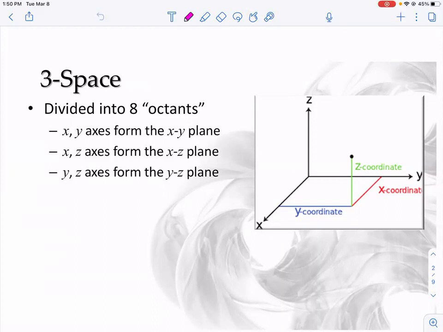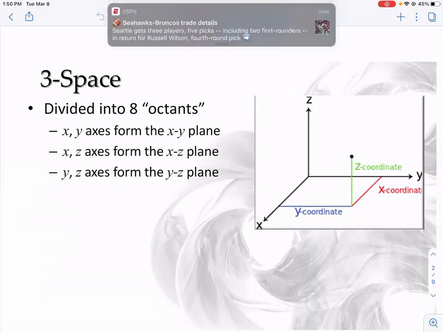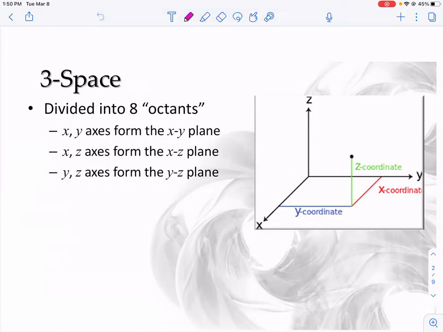The y-axis is running this way, and the z-axis up. If you notice, we have 1, 2, 3, 4, 5, 6, 7, 8 sections of this 3 space. These are our octants.